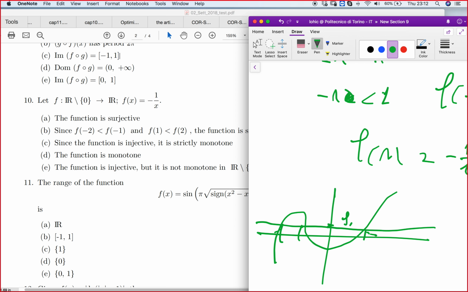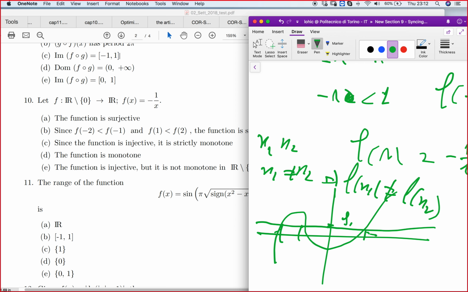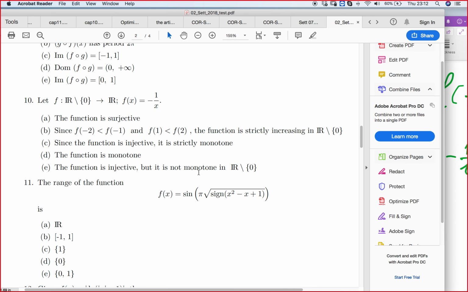So an injective function is a function such that if you take x1 and x2 such that x1 is different than x2, then the image of x1 will also be different than the image of x2. Is that clear? So yes, in this case this function is injective, but it's not more. Okay, so the answer is E.